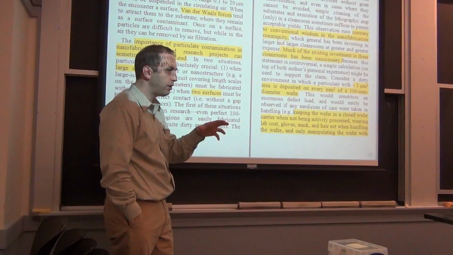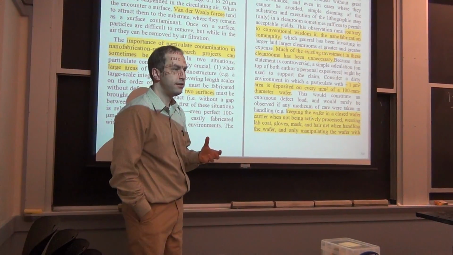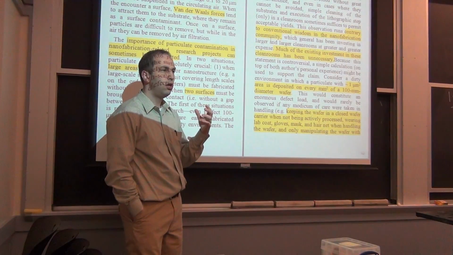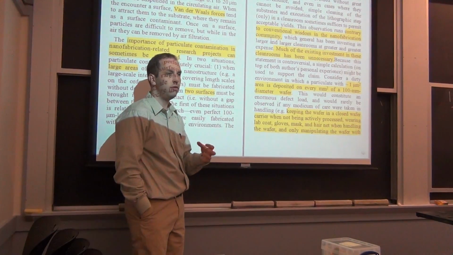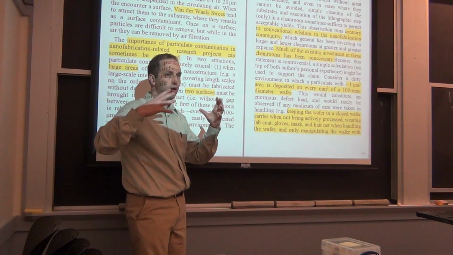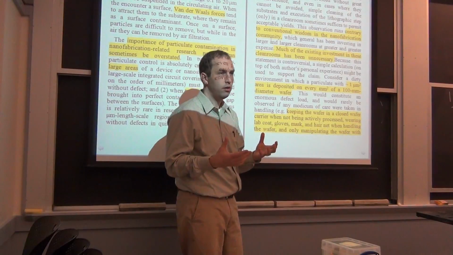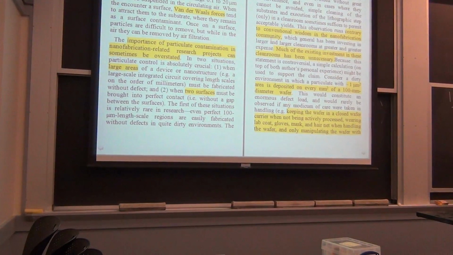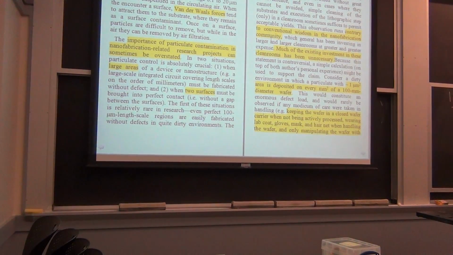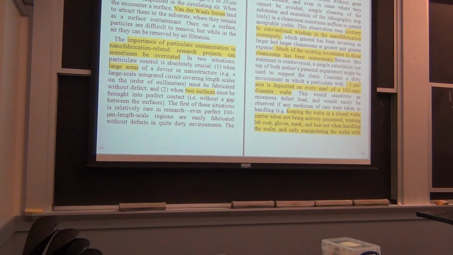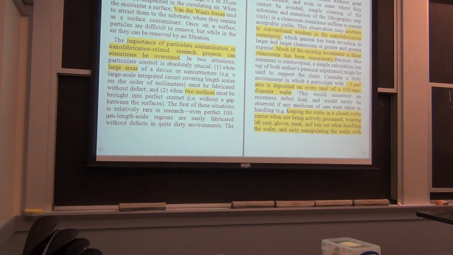The one is if you're actually building a large-scale integrated system, meaning you have thousands of devices that cover large areas, where the active region of the device that's susceptible to contamination is millimeters squared. You would not include here a single optical waveguide, say, that goes across a chip, because if you look at the amount of area, this is a very small amount of the total device area.